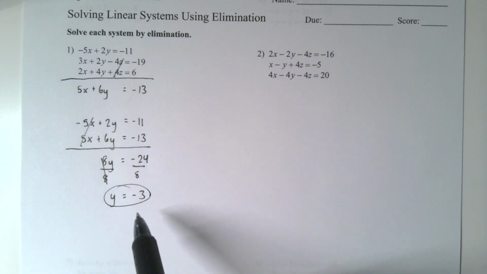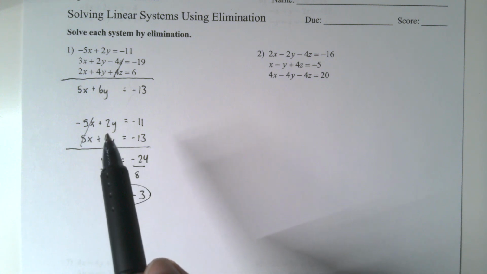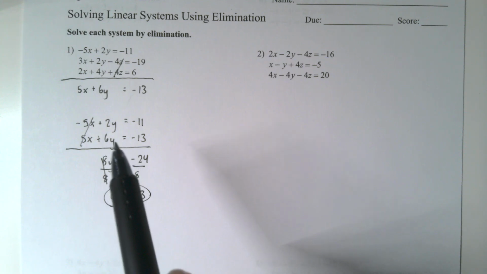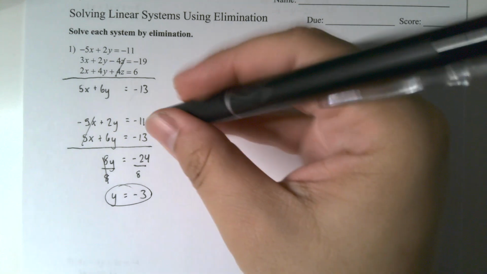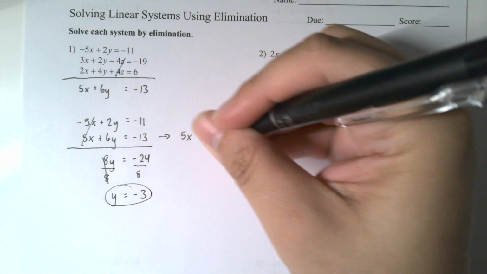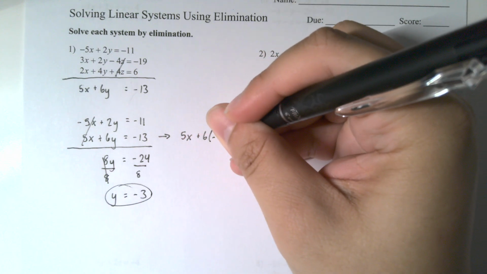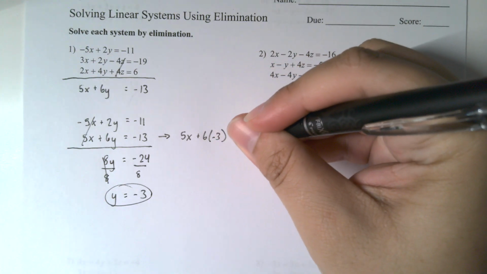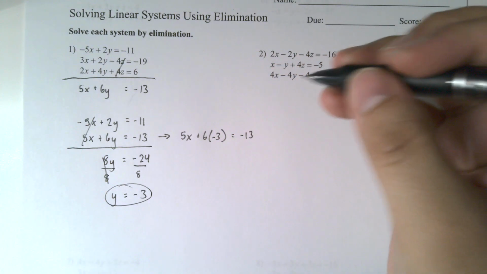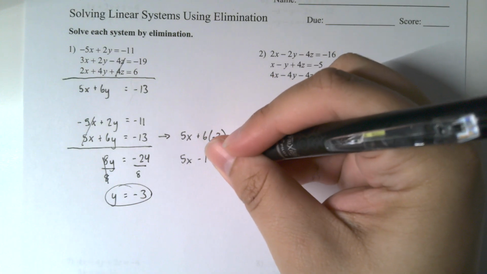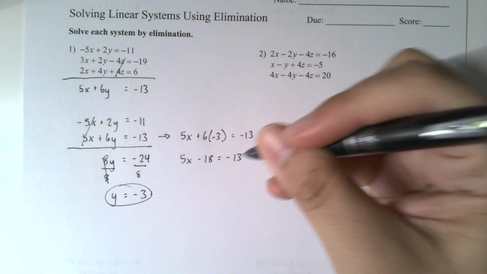We can take this value and plug it back into one of the other two equations. It doesn't really matter which one we pick. I'll go with, say, the bottom one. That means we have 5x plus 6 times y, but we now know that y is negative 3, and that's equal to negative 13. If we multiply out 6 times negative 3, that's negative 18, so 5x minus 18 is equal to negative 13.